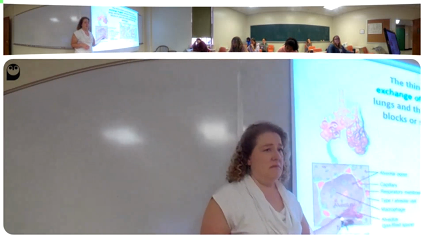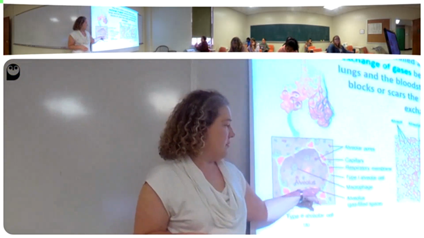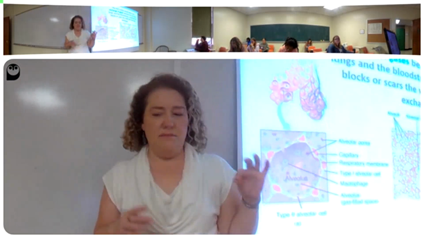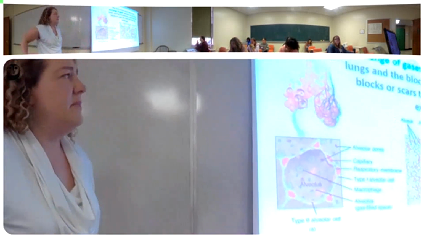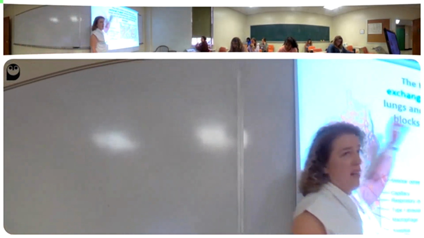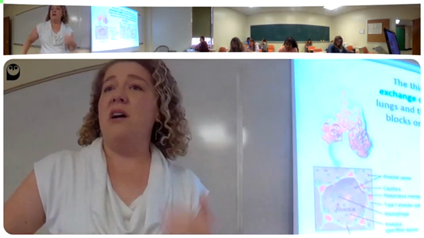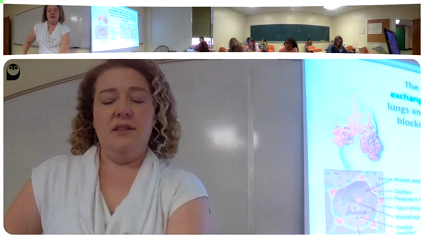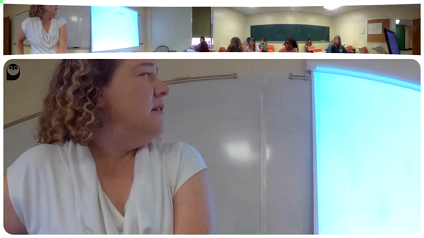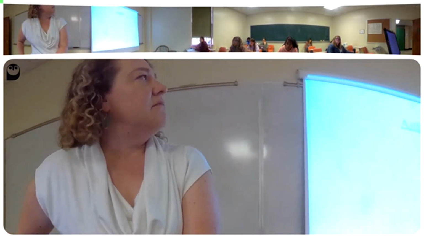So a healthy lung is going to have very thin walls around the alveoli and just a little bit of mucus or fluid in there. But if you've got other stuff that's blocking or scarring, the person can be ventilating and getting air in and out, but they're not getting gas exchange. So what are some examples of that? I'm going to wait for the asthma video.